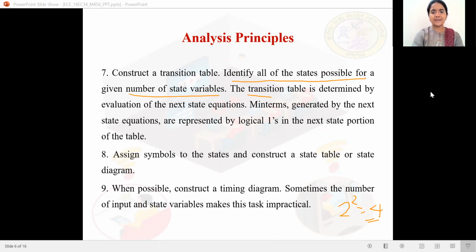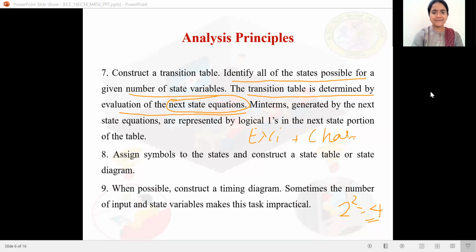And the transition table is determined by the evaluation of the next state equations. How do we evaluate these next state equations? For that, we should have the excitation equations and the characteristic equation.